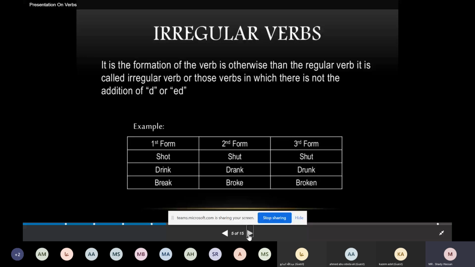Irregular verbs, as I told you before, have no rule. Just like the verb break, for example. The second form is broke, and the third one is broken. The verb drink: the second form is drank, and the third one is drunk.